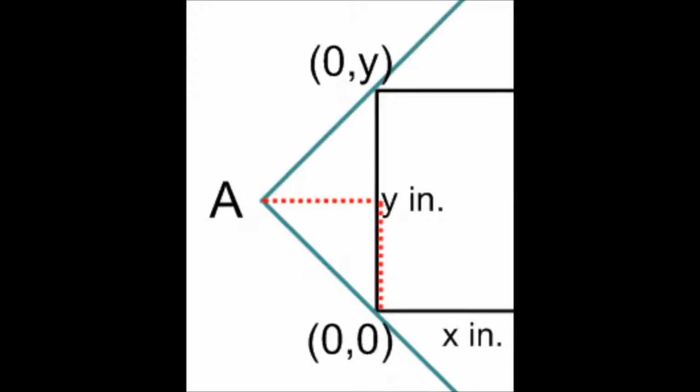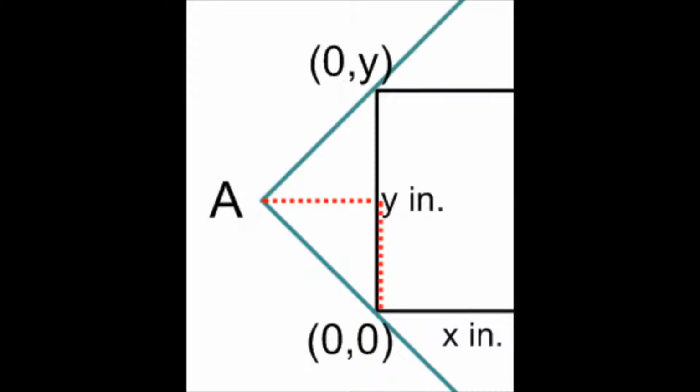Notice that I've drawn the altitude, median, angle bisector from A to the tile, and then copied that segment down so that I can create the triangle down to the origin from A and from the tile.